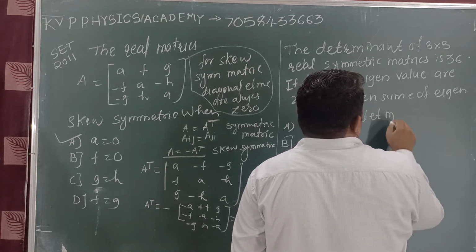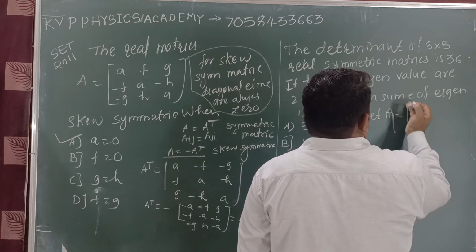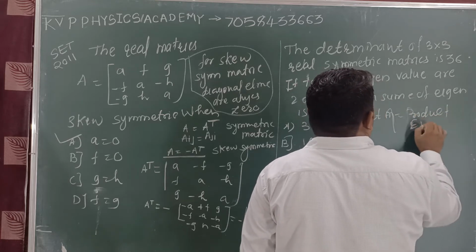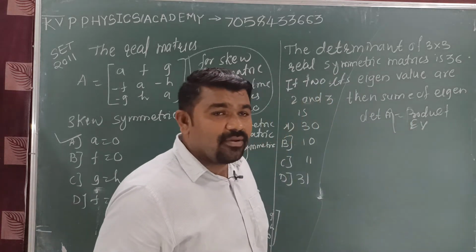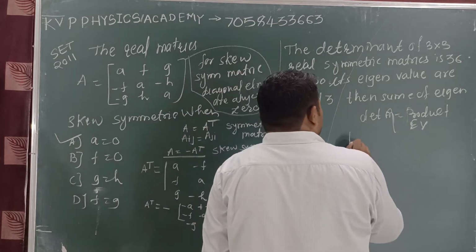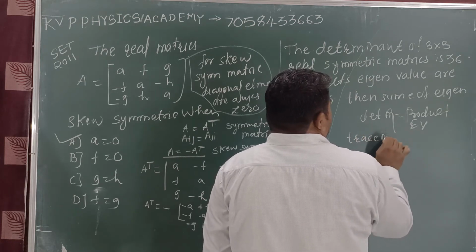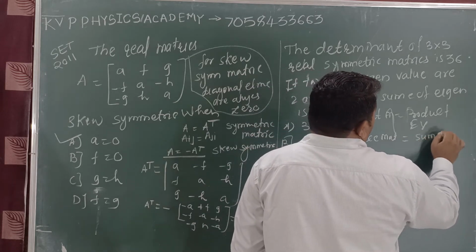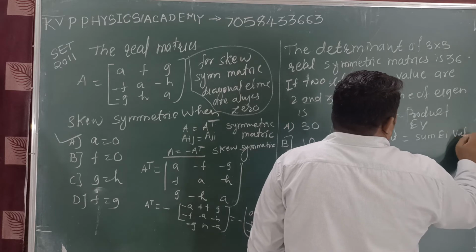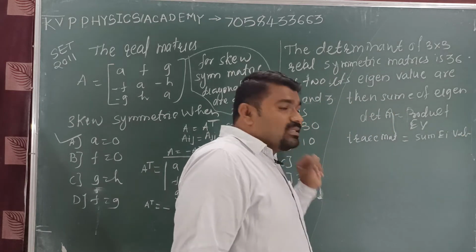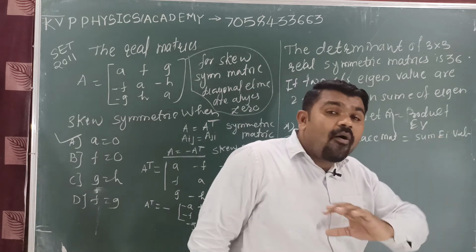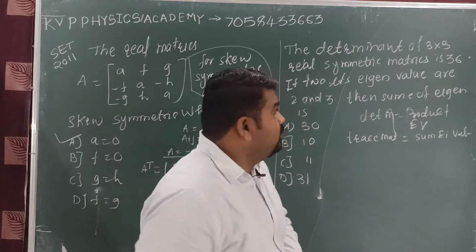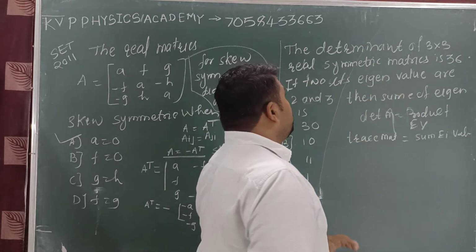Determinant of A is equal to product of eigenvalues. And the second one, trace of matrix is equal to sum of all eigenvalues. Now come to the point, the determinant of the 3 by 3 matrix.